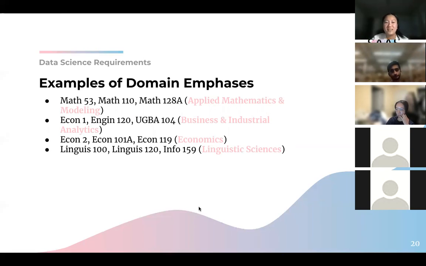If you're doing linguistics, you could do Ling 100, Ling 120, and Info 159, for example. And there are so many more domain emphases than this. I cannot stress enough how expansive the list of domain emphases is, so go and check out the major website if you want to see the whole extensive list.